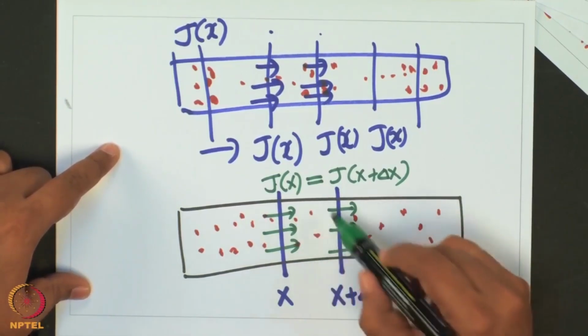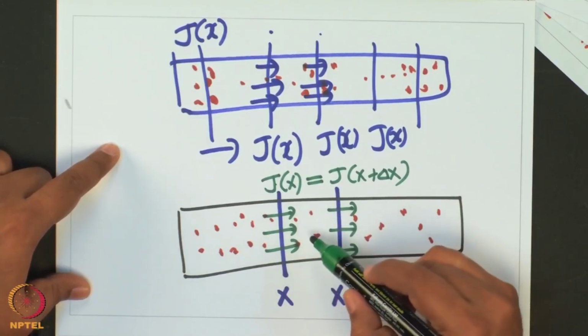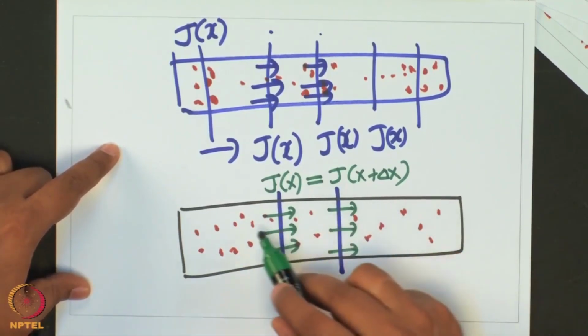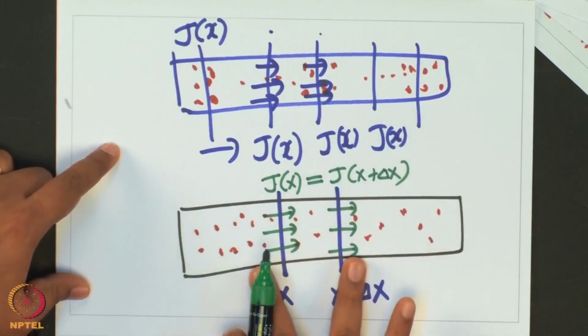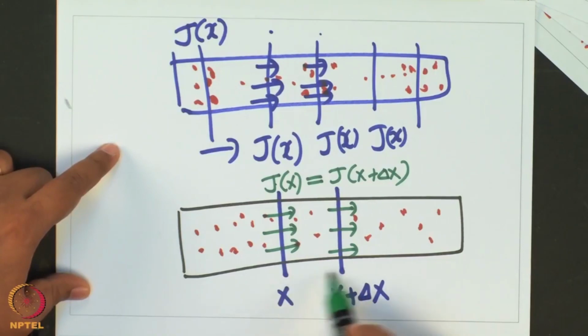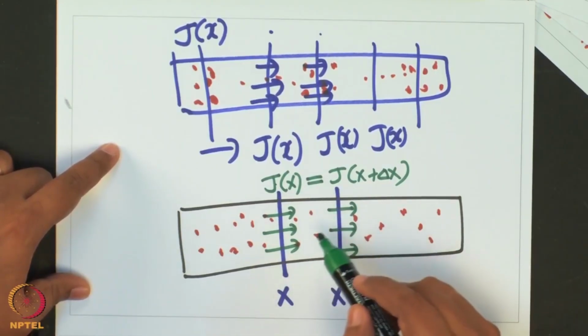Therefore, the net number of proteins, the net concentration of the protein, will remain unchanged because whatever came in went out. So if the flow at 2 nearby locations is equal, the concentration in between will not change.